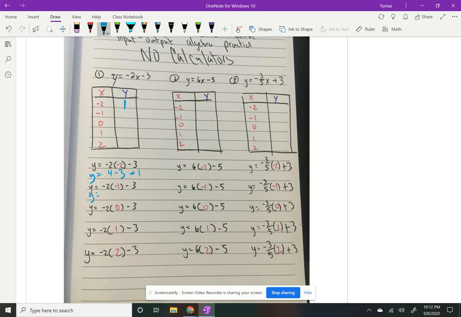Negative times a negative is a positive. 2 minus 3 equals negative 1. This becomes 0, so we're just left with negative 3. And you could already see the pattern happening, right? It's going down by what? By 2's, right? So needless to say that this is going to be negative 5. And needless to say, this is going to be negative 7. Okay?